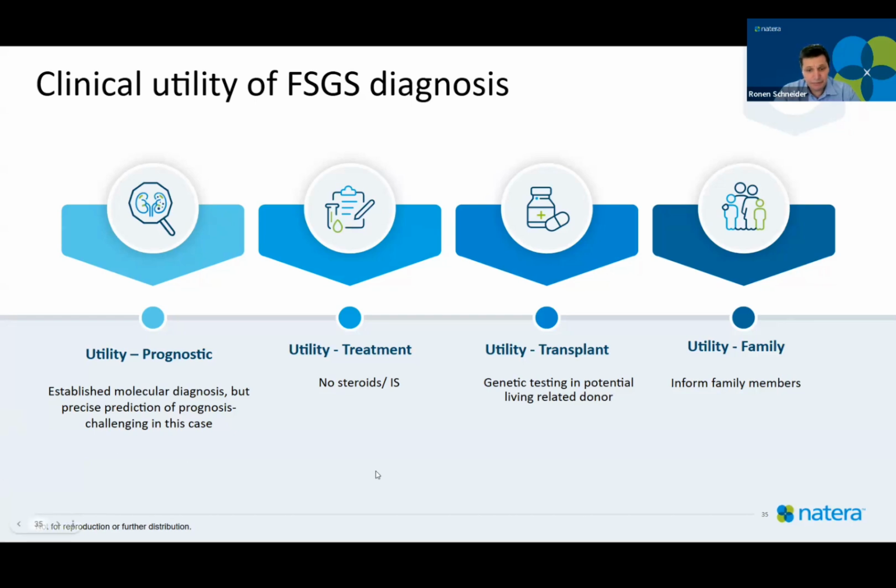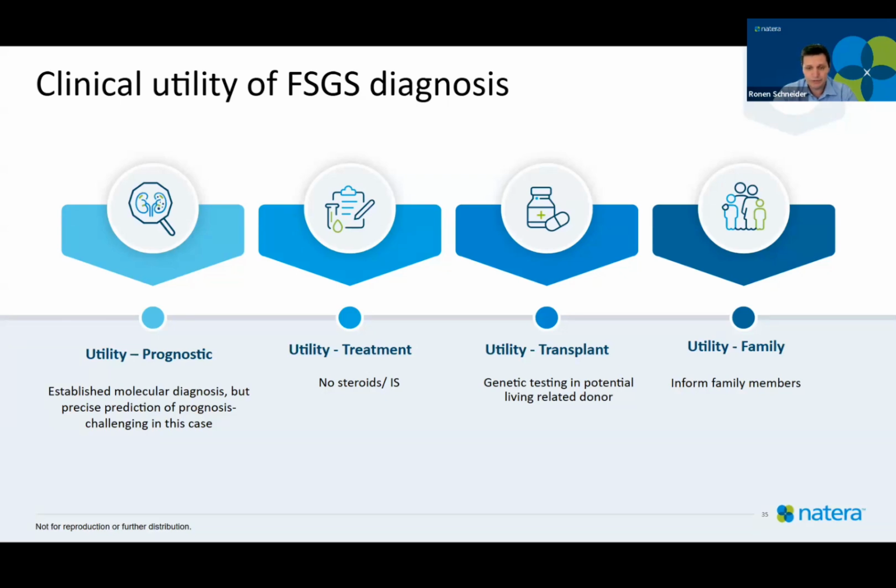In terms of the utility for transplant considerations, I want to go back for a second to the clinical presentation of this family. If you remember, her brother had FSGS a few years ago, and the kidney donor for her brother was another family member, and genetic testing was not done at that time. So just imagine there was a 50% chance that the donor also carried the TRPC6 variant, and that could result in a bad outcome, both for the donor and for the recipient.